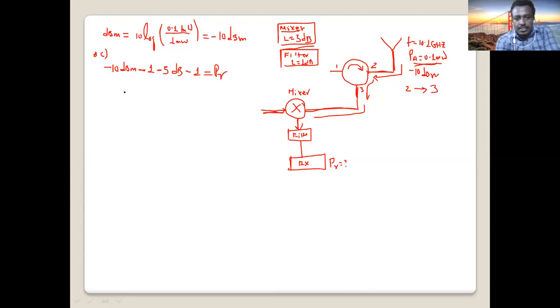You see, start from the antenna, minus 10. Next device, circulator, minus 1. Next device, mixer, minus 5. Next device, filter, minus 1. You get PR. So how much is this? Minus 17, sorry, minus 17 dBm will be the received PR.